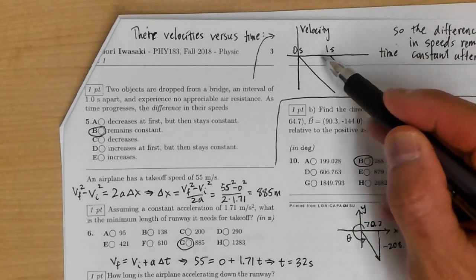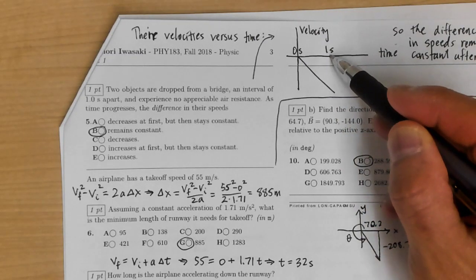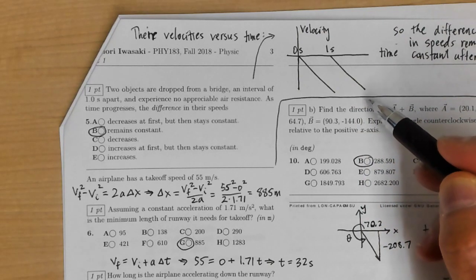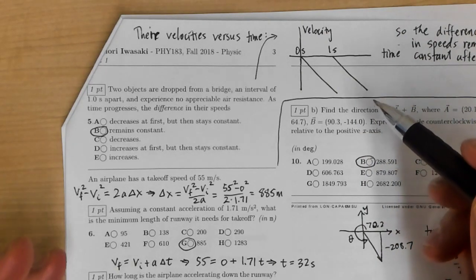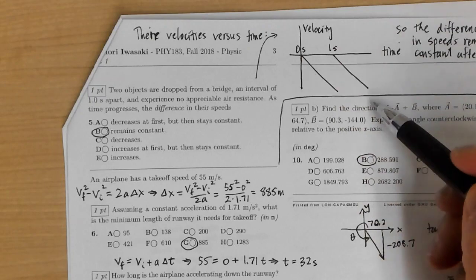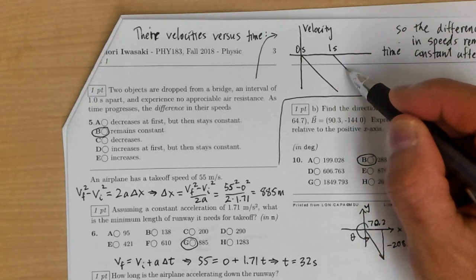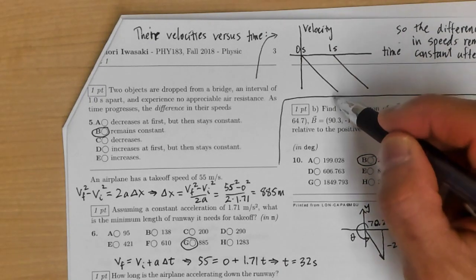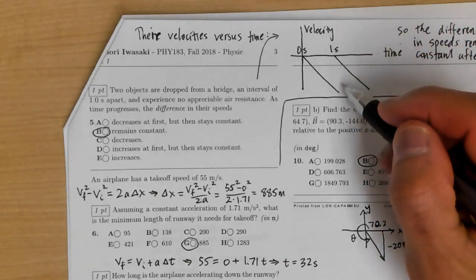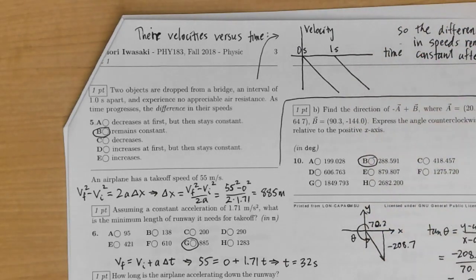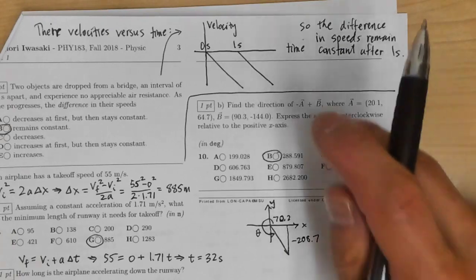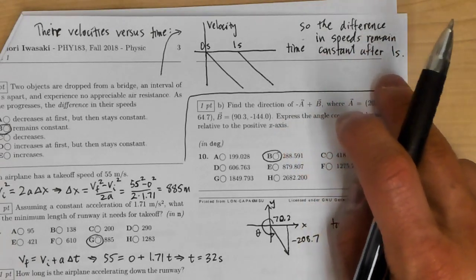And then the other object starts at 1 second and also goes down. They both have the same acceleration, that's why they have the same slope. If you're talking about the actual difference in their velocities, you see that the difference at any given time remains the same. So the difference in speeds remains constant after 1 second.